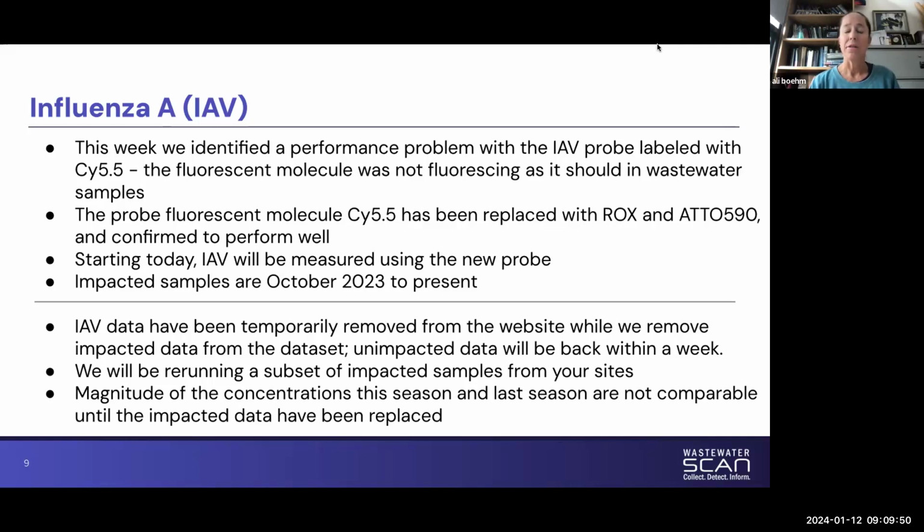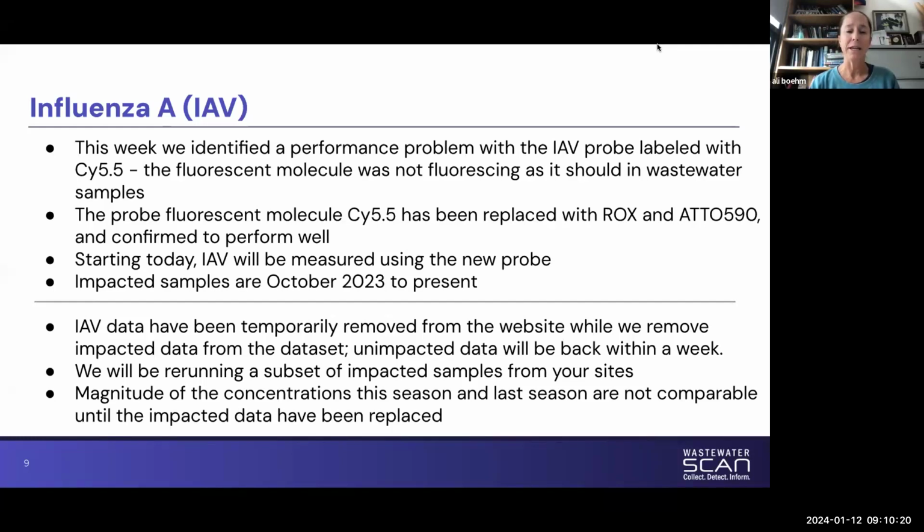So we have temporarily removed the influenza A data from the data.wastewaterscan.org website while we remove the impacted data from the data set. And hopefully we'll have the unimpacted data back up within a week. I think it will be much quicker. Ideally, we could have it back today, but we don't want to make that promise because we want to do it right.